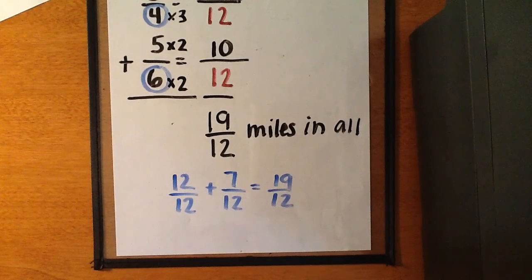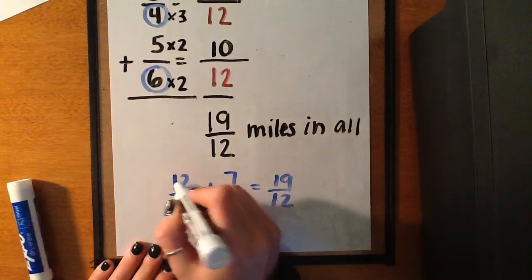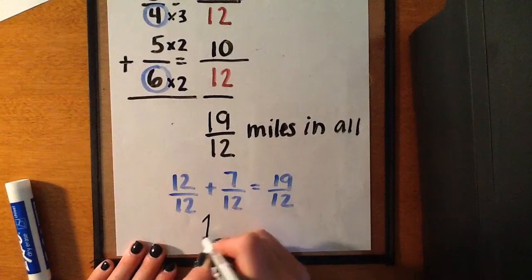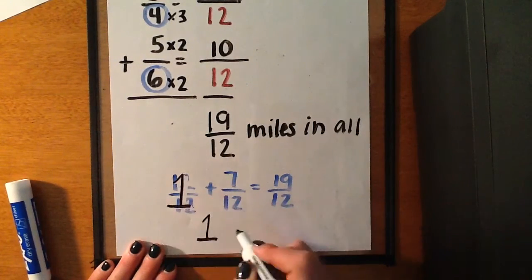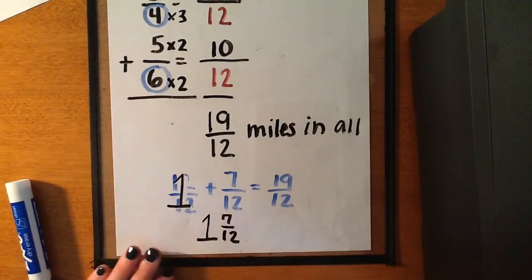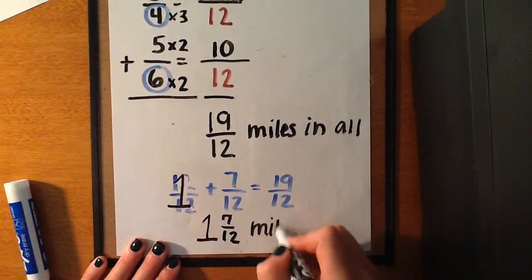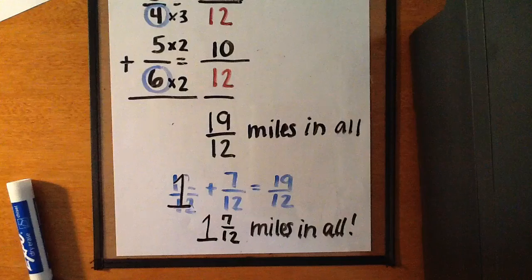So my final answer is actually going to be 1, because 12/12 is a whole, and 7/12 miles in all. That's how many miles I ran in all.